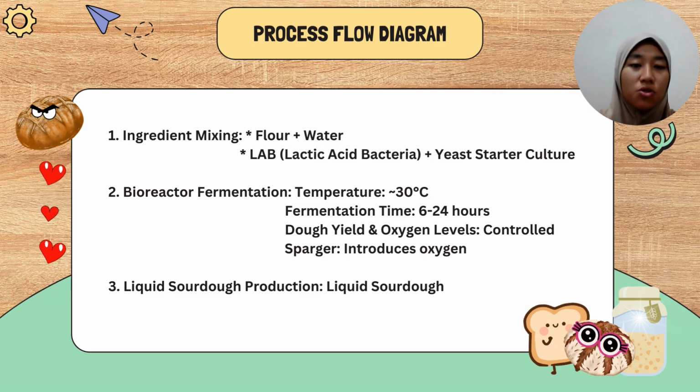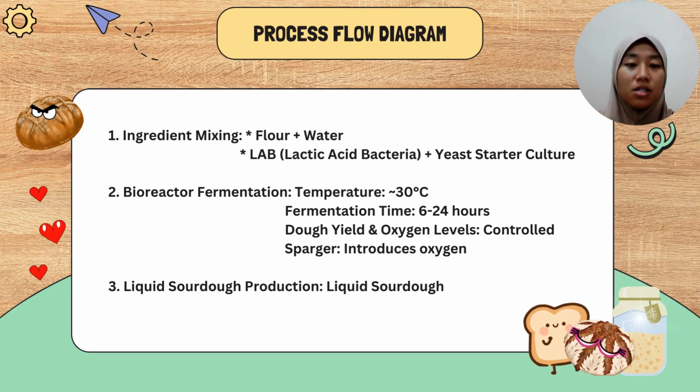And then we go through to the next process, which is bioreactor fermentation. There are a few parameters: the temperature, which is 30 Celsius, and the fermentation time of 6 until 24 hours, and also the dough yield and oxygen levels as controls, and also the sparger, which introduces the oxygen.